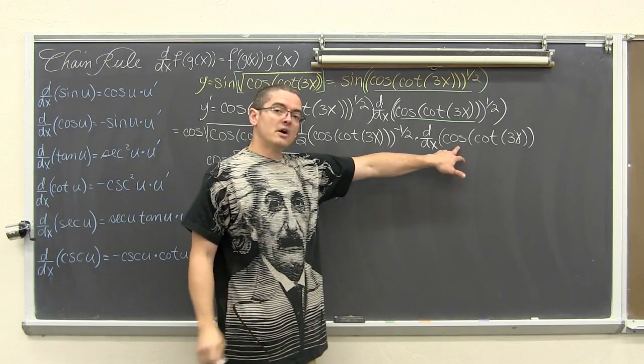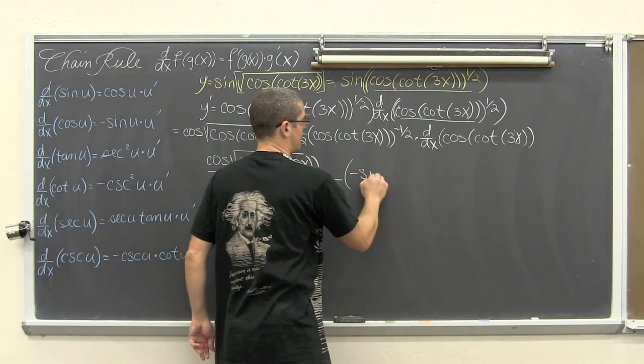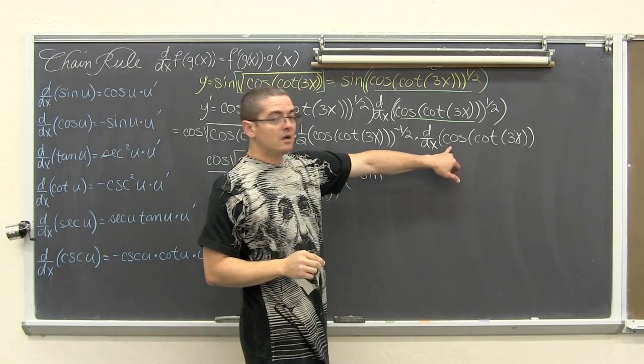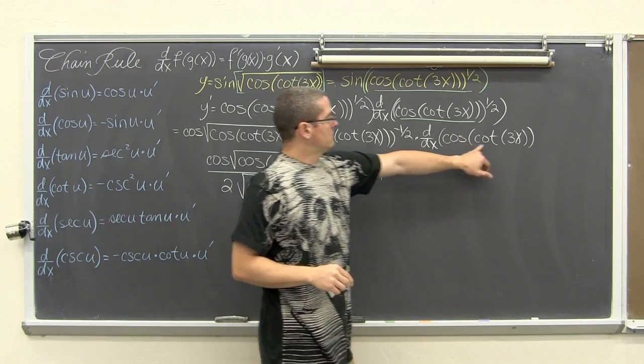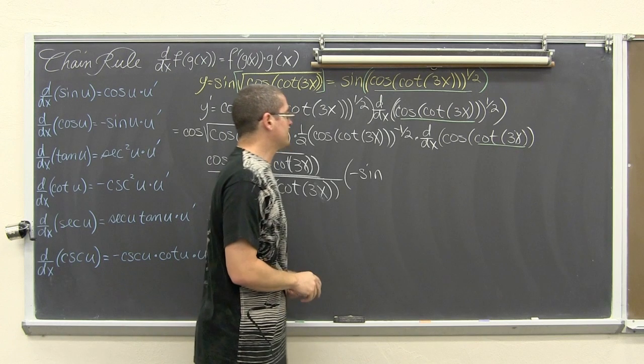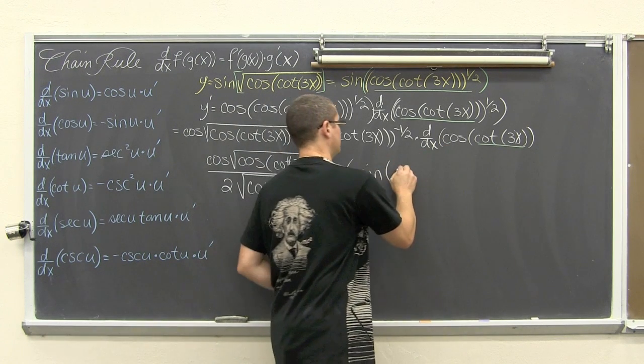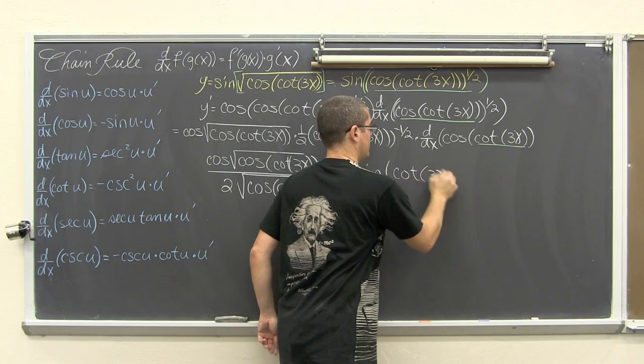The derivative of cosine is negative sine, so times negative sine, that's here now. Oh, man, I got another inside function. So the derivative of cosine is negative sine of cotangent of 3x.